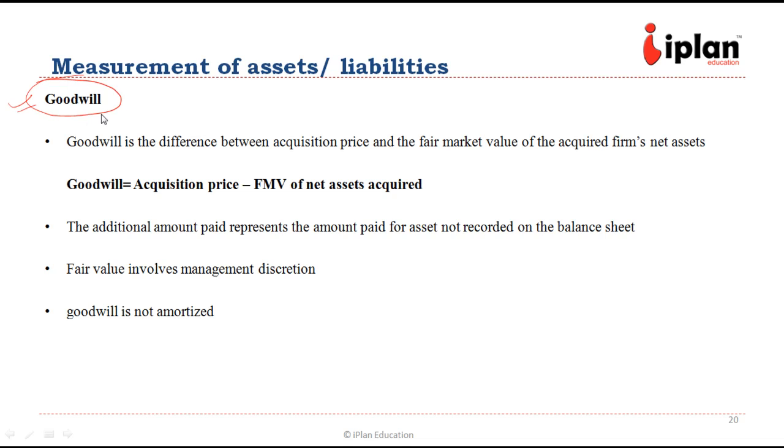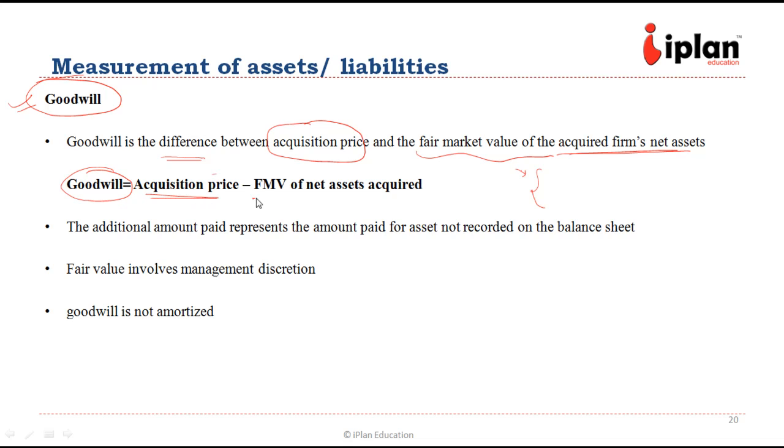Let us look at goodwill. Goodwill is the difference between the acquisition price and the fair market value of all the assets of the firm. As we know, in the case of acquisition, the company which is acquiring pays much more than the value of the assets of the firm, and the difference is because of the goodwill or the value associated with the company's name.